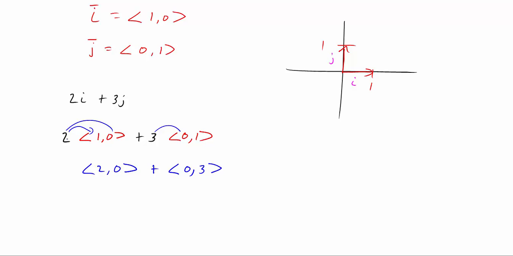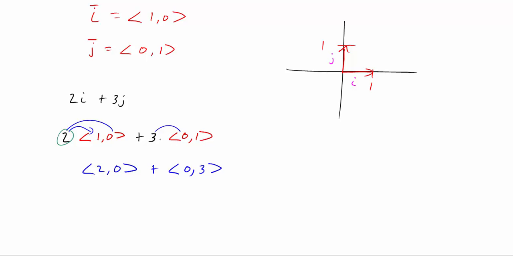If you notice, when we take this 2 and multiply by the vector, the only thing that changes is the x coordinate, because this (1, 0) is our I component, and the y part of it goes to 0. So all we're doing is taking the horizontal part, the 1, and multiplying it by 2, so we get the new vector (2, 0).